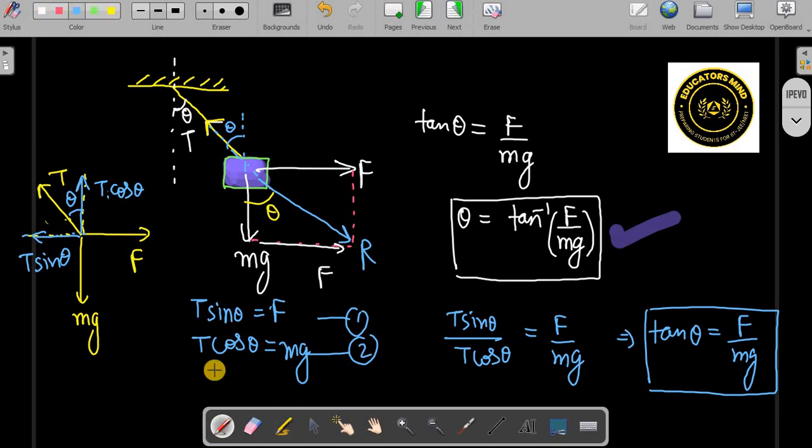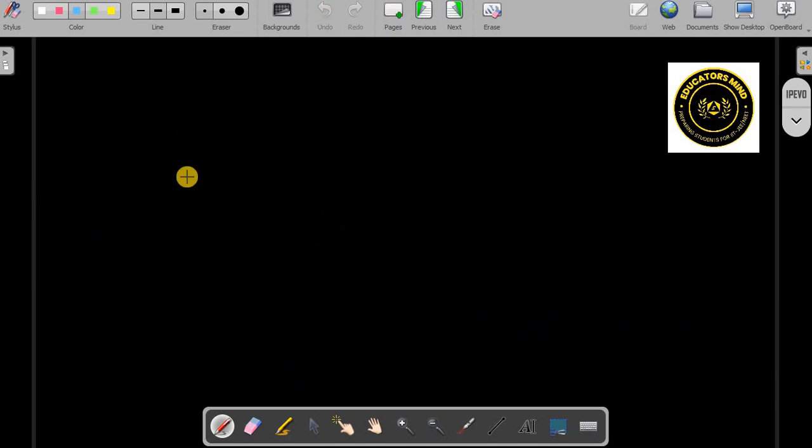Okay, this is about equilibrium. There will be variations of concepts involving equilibrium. Next, let us understand conservation of linear momentum. If the net force is equal to 0, then the body is in equilibrium. There can also be a system, in which case you have to add all the forces.